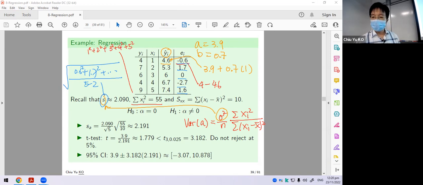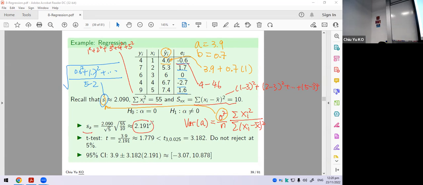And this is just, when you do the thing, minus 3: 1 minus 3 squared plus 2 minus 3 squared, and so on and so forth, until you get to the 5. And this is 10, right? So when you put all the numbers here, you get S of A is 2.191. Okay, so that is what we got.